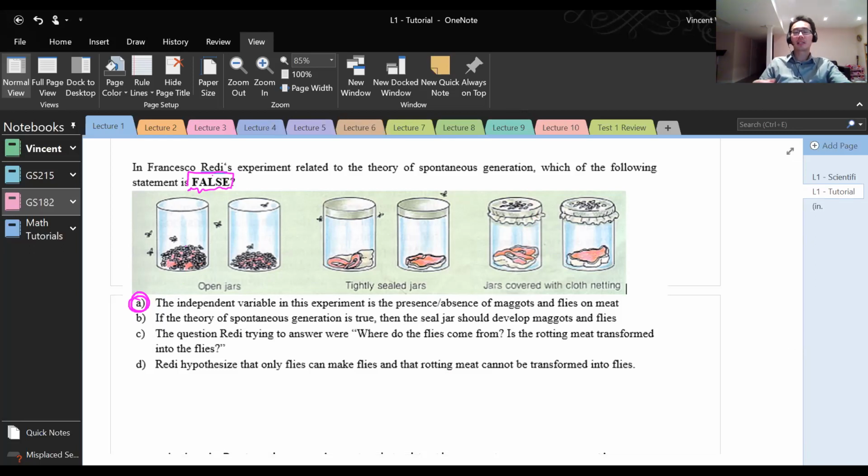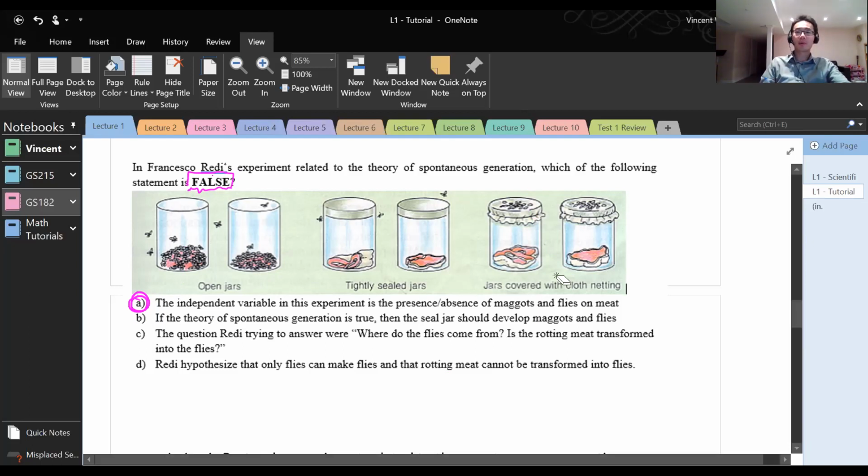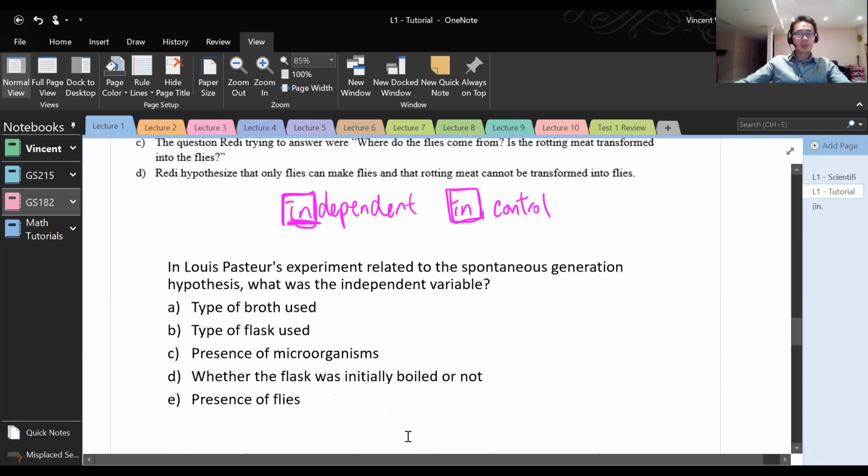The dependent one is the one that we will be observing. One way to remember it: independent is the one that you are in control of, the one that you can change. Hope that helps.